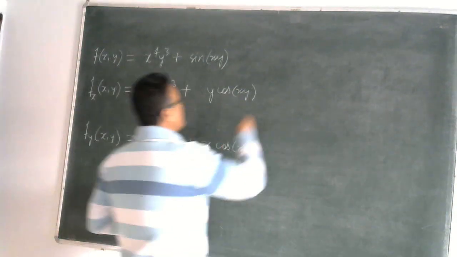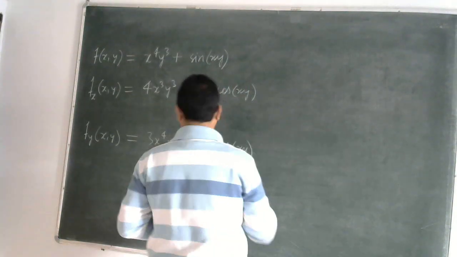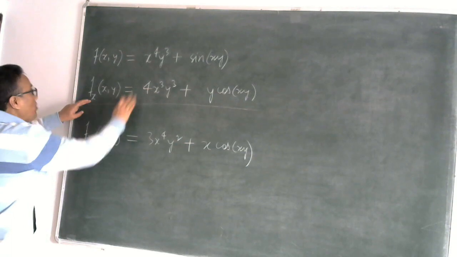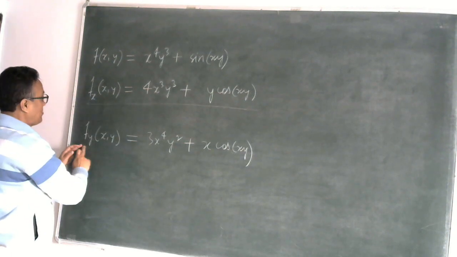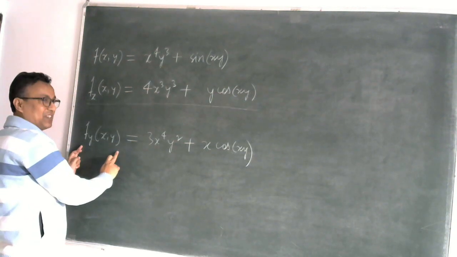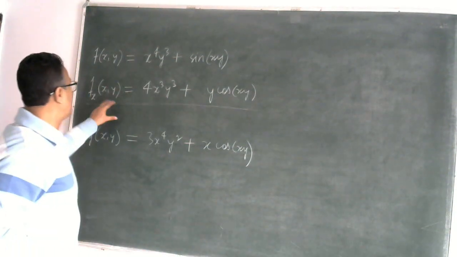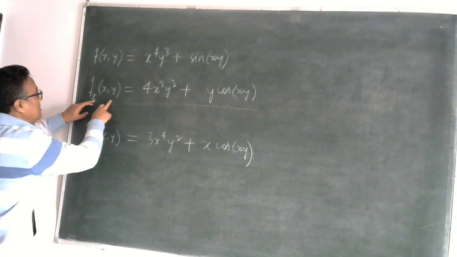Now the blunder that I made is while trying to again find the partial derivative of this with respect to y and the partial derivative of this with respect to x. So let us partially differentiate this with respect to y.